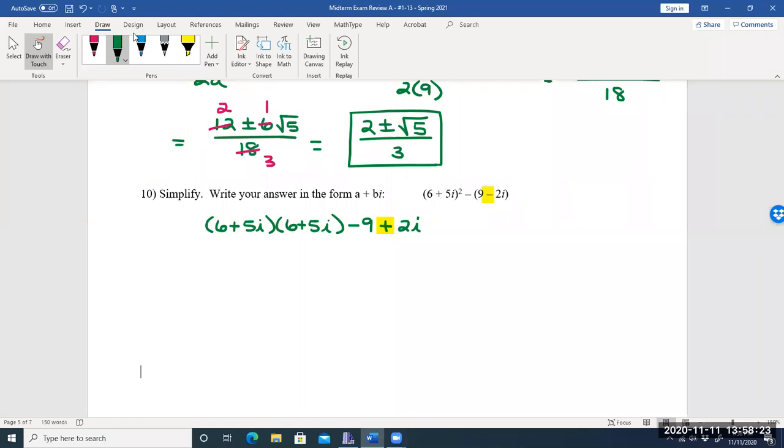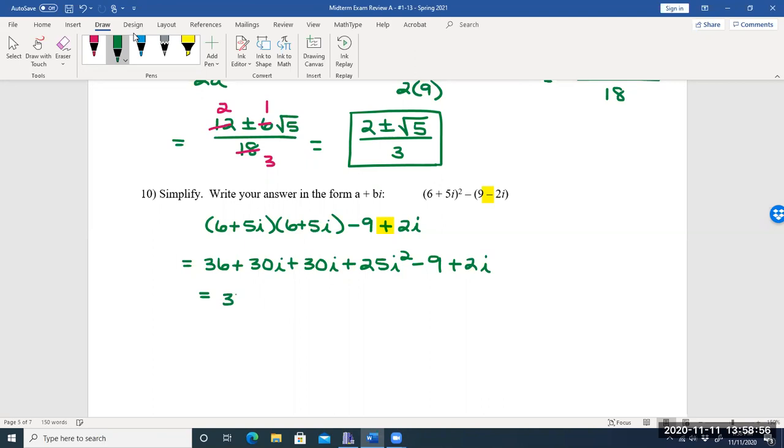All right, when I FOIL, I get 36 plus 30i plus 30i plus 25i squared. Let me go ahead and just copy the minus 9 plus 2i in the back. Okay, now let me go ahead and combine some like terms. Actually, I'm going to combine like terms in the next step.